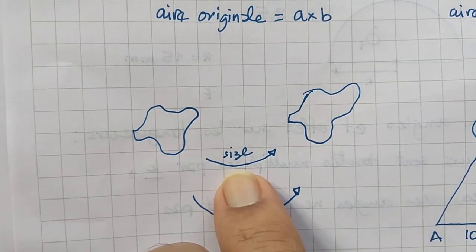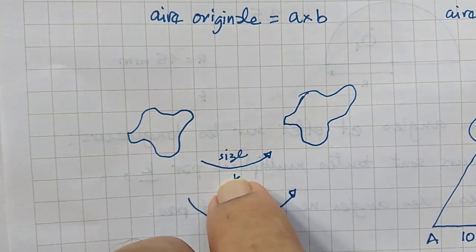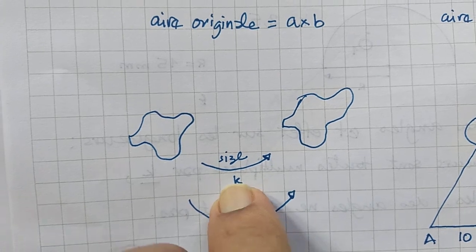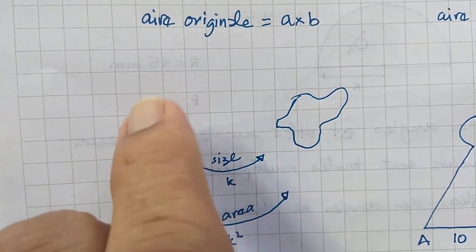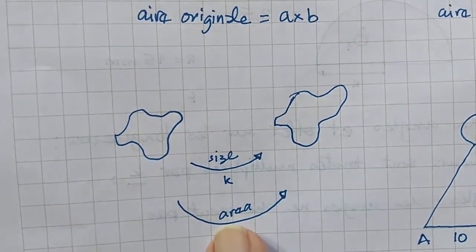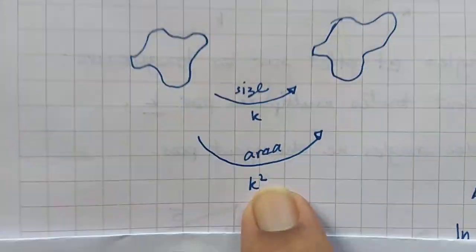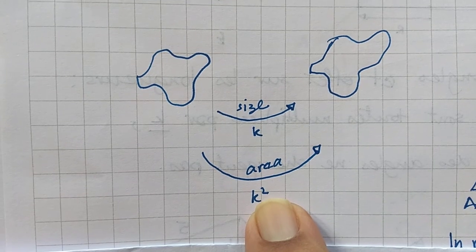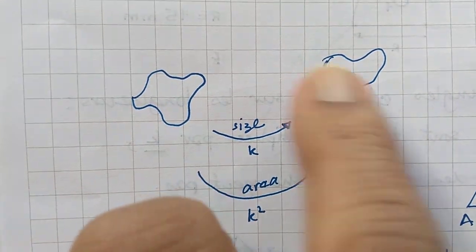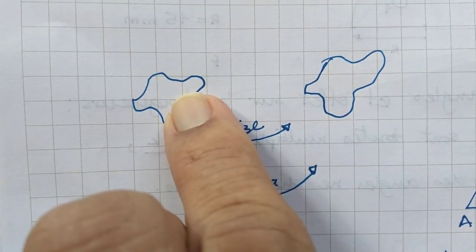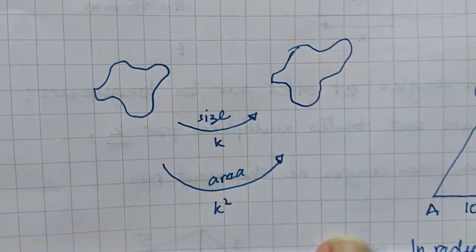Let's say k is equal to 1.2. That means I made this 1.2 times bigger than this. Then the area will become 1.2 times 1.2, which is 1.44. The area of this will be 1.44 times more than this.